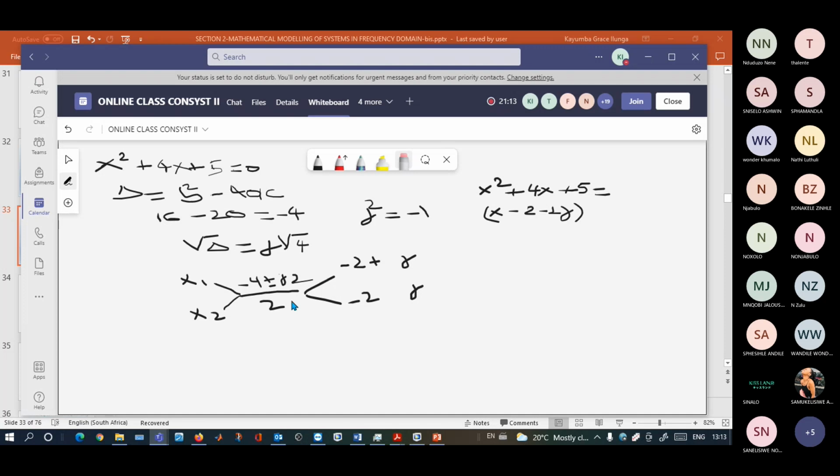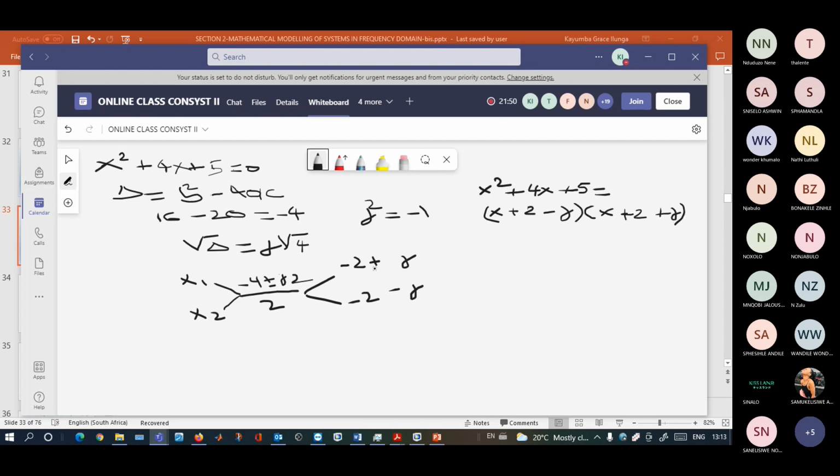So this will be x plus 2 minus j, and when we change the sign, it must be plus. So it becomes x plus 2 plus j. Guys, are we together?